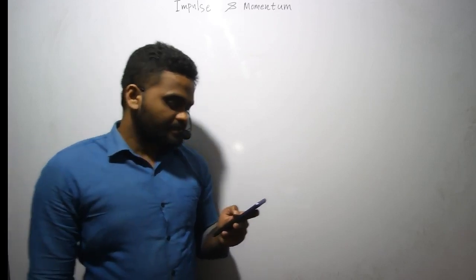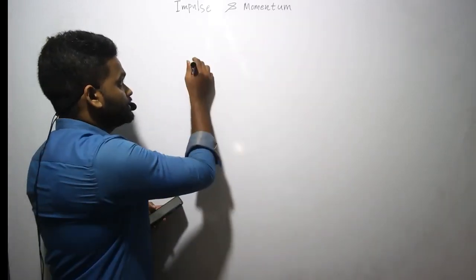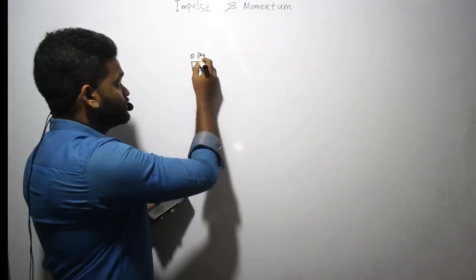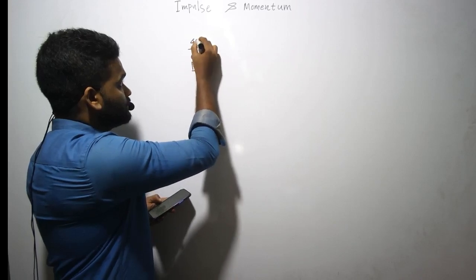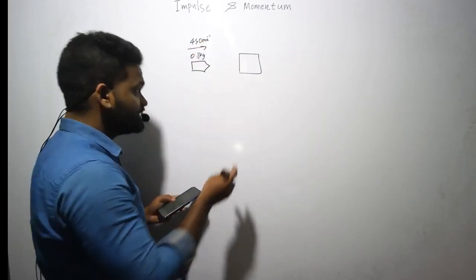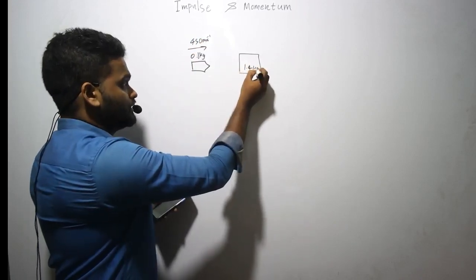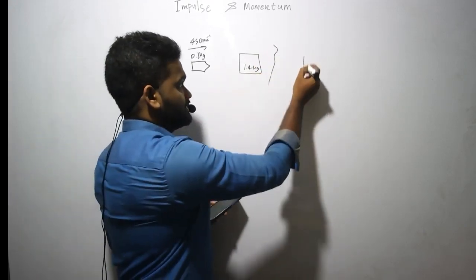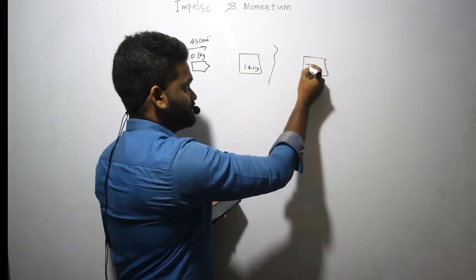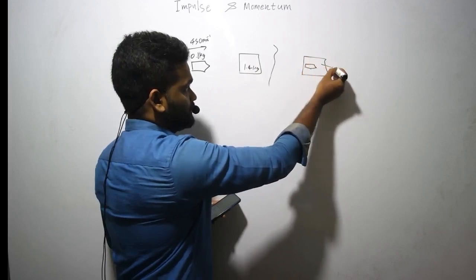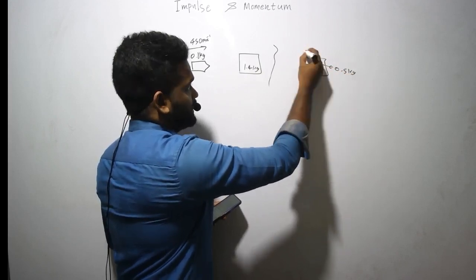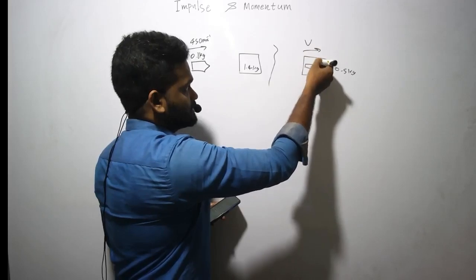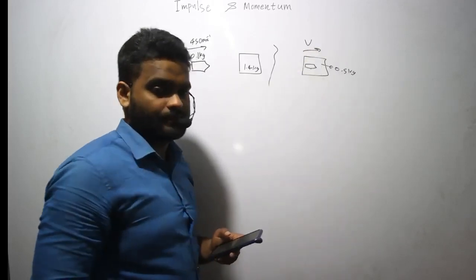A bullet with mass 0.1 kilogram moving at 450 meters per second hits and is stuck. So this is the first case. Second case is the bullet is inside. So the total mass is 1.5 kilogram and it is stuck. So both have the same velocity.